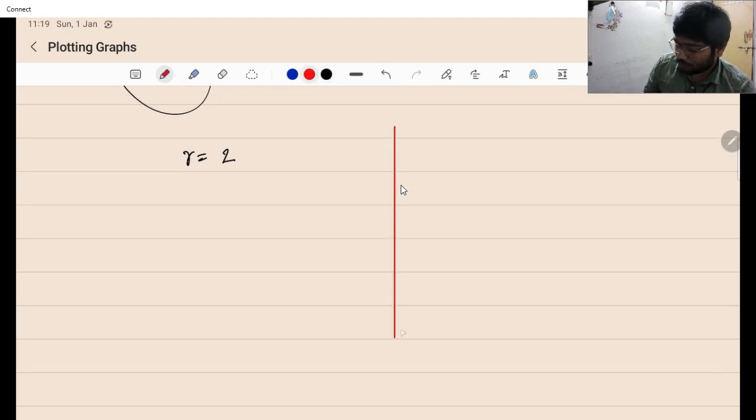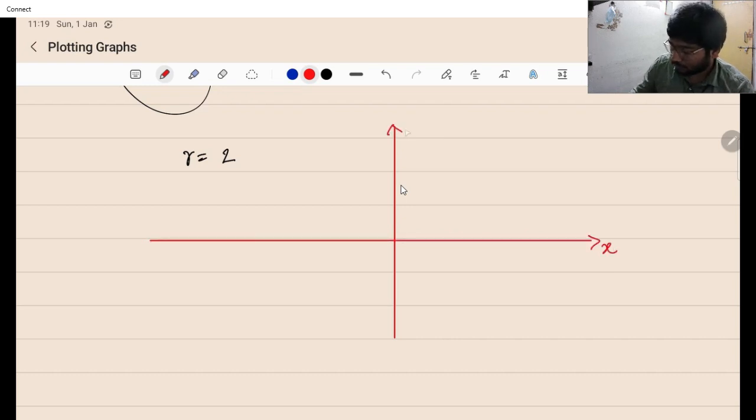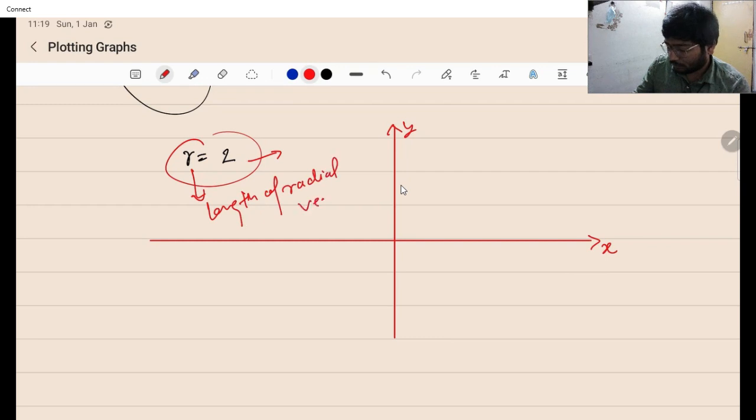If you want to plot r equals 2, this means that you have to make the radius constant. r is the length of the radial vector, and it is constant.